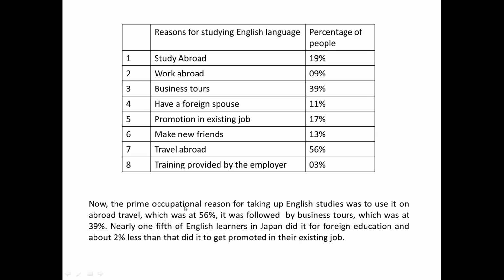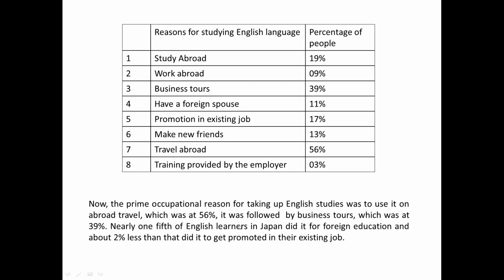Now the prime occupational reason for taking up English studies was to use it on abroad travel, which was at 56%. So first I have written about the highest percentage, 56% for travel abroad. It was followed by business tools, which is at 39%. So this is business tool and it is at 39%, which is the second highest.